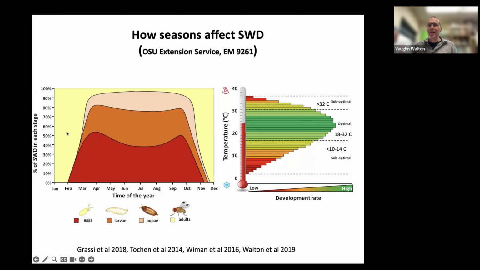Here in Oregon, not so in California, we have mostly adults in the field. As temperatures increase in February and March, those adults will start laying eggs, indicated by red here. Those eggs will be laid in berries. They'll develop into larvae and pupae, and you have what's called a stable population structure.